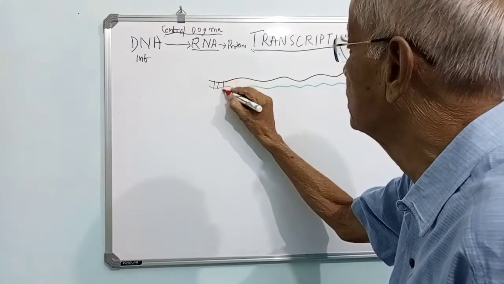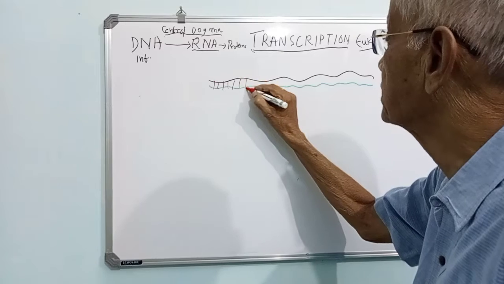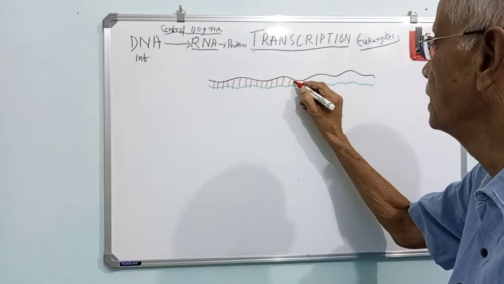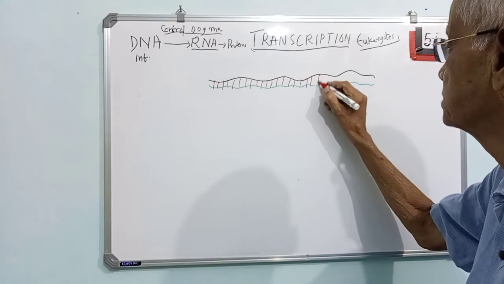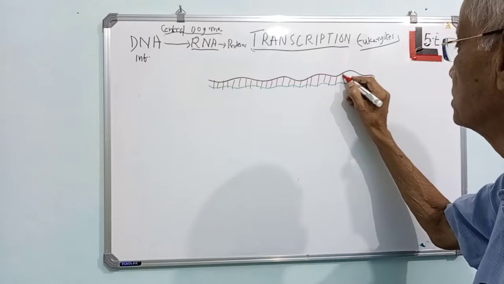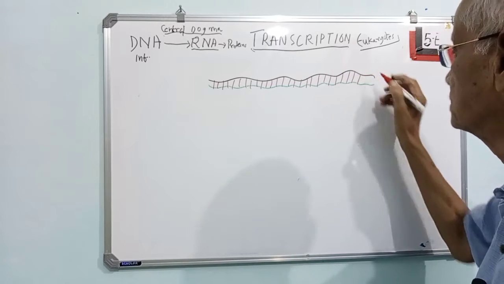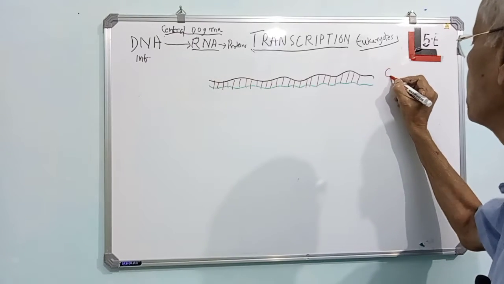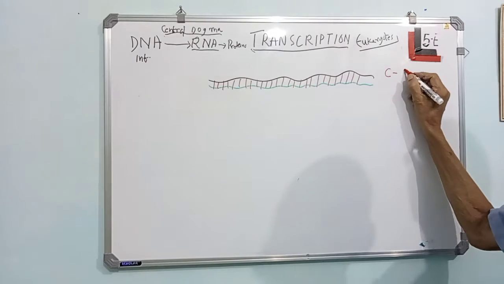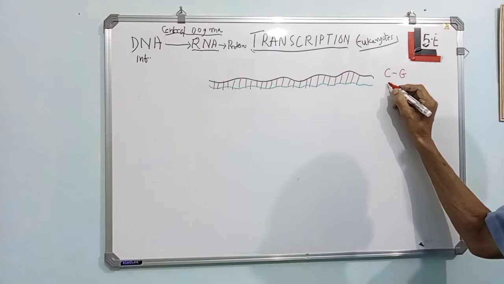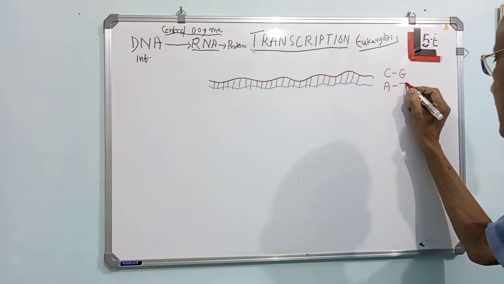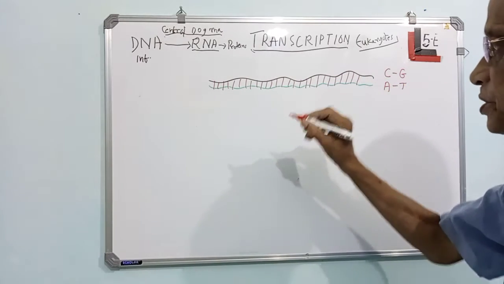They will be connected by means of base pairs. This you already know from your lower classes or higher classes, so we don't have to worry about it. Now these base pairs will be cytosine, which pairs with guanine, and then adenine goes with thymine. These are the base pairs here.